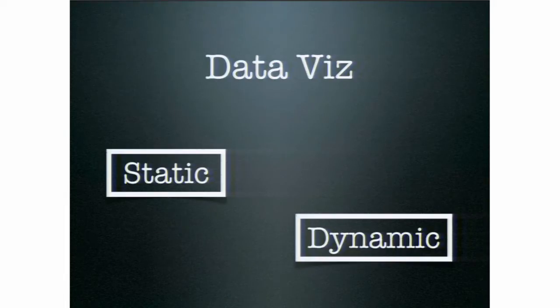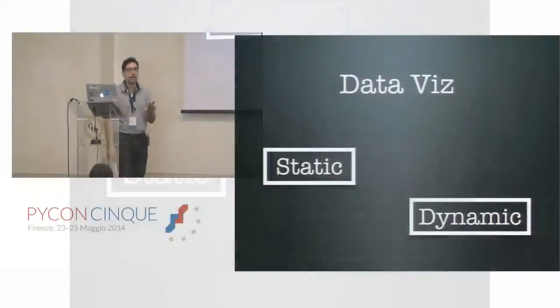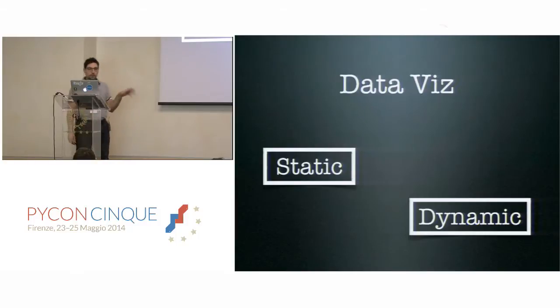This means that usually static data visualization plots are presented in multiple formats to have different views on the same data. On the other hand, dynamic, which is a synonym for interactive, visualization tools allow the users to customize the way they want to view the plotted data.